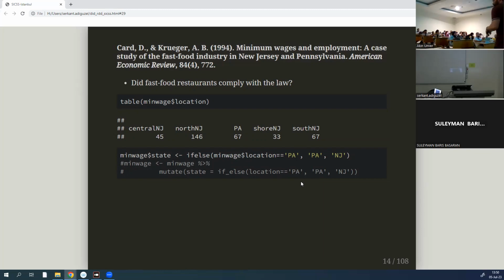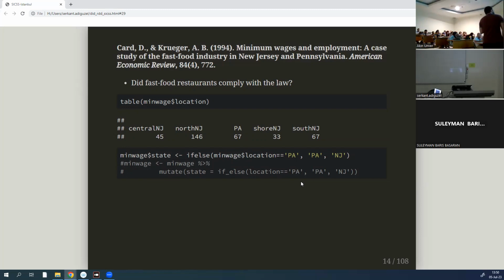But in observational settings, sometimes there are non-compliers. That's also the case in experimental settings, but we need to make sure that treatment is actually taken by these units. By the way, the location is just where these restaurants are located.